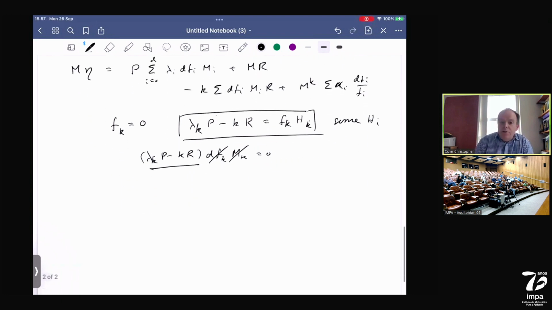If I take two different values of this, let's take k equals i and k equals j, then I've got this expression for both i and j, and what I'll end up with is lambda i minus lambda j times p is equal to an expression like that, and the same for r.